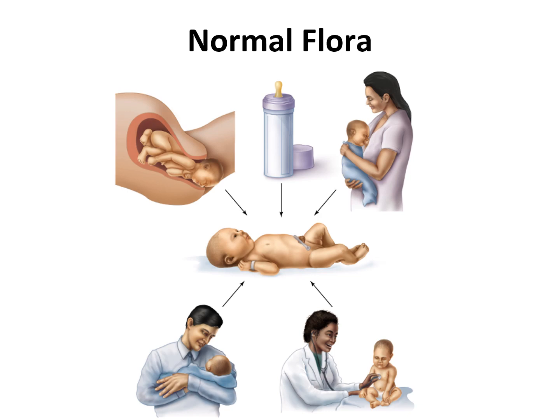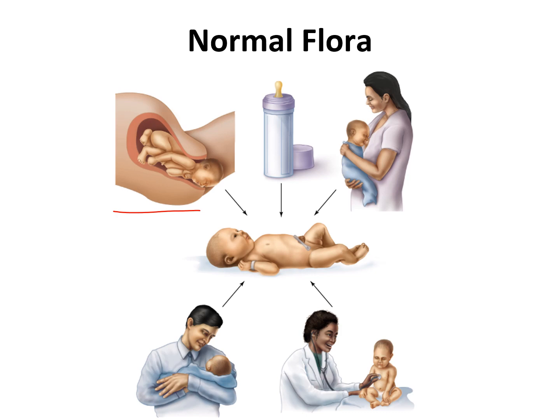Now, where did that flora come from? Well, originally, when a fetus is in the uterus is a sterile environment. So when you have a fetus in the uterus, there's no flora present on that baby. But as soon as the baby starts going through the process of birth, then the baby starts acquiring microbes from interacting with the microbes in the vagina.